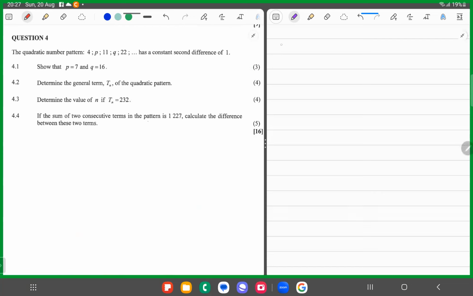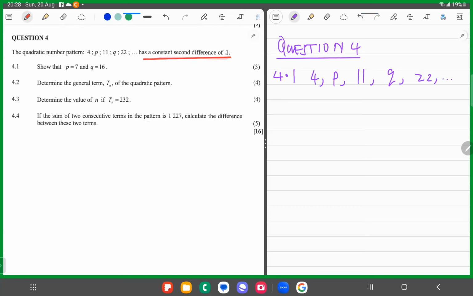Question 4.1: the quadratic number pattern 4, p, 11, q, 22 has a constant second difference of 1.